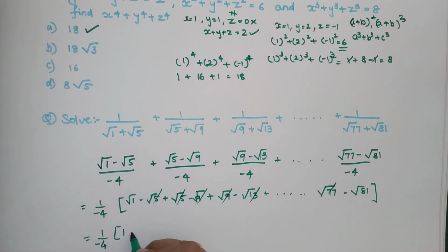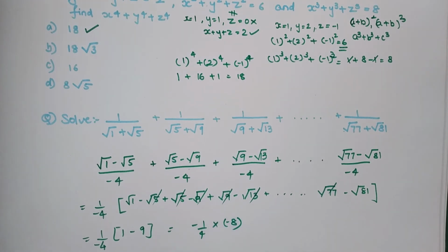Root of 1 is 1, root of 81 gets you 9. So minus 1 upon 4 into, can I say, minus 8? 1 minus 9 is nothing but minus 8. So when you cancel, 4 ones are 4, minus 2s are, minus 2 into minus 1 gets you plus 2.